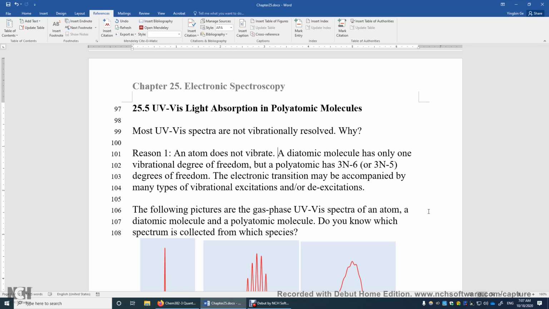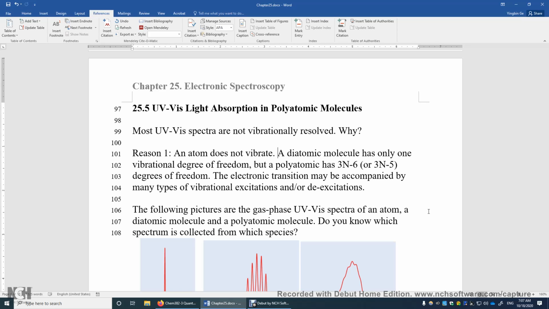So for each type, you may observe 0 to 1 vibrational transition, 0 to 2 vibrational transition, etc. And sometimes, when you have the molecule in a high temperature environment, you may also observe the de-excitation of certain vibrational modes. So that makes the UV-Vis light absorption really complicated.